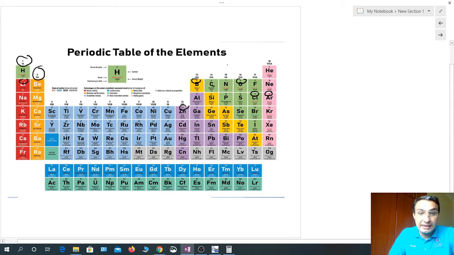It means that elements are placed in the periodic table by increasing atomic number. That is very, very important.